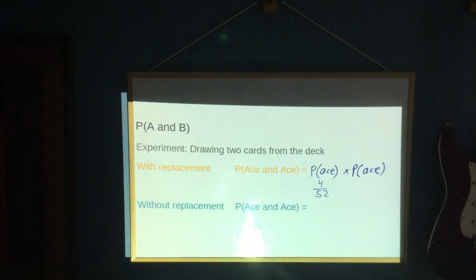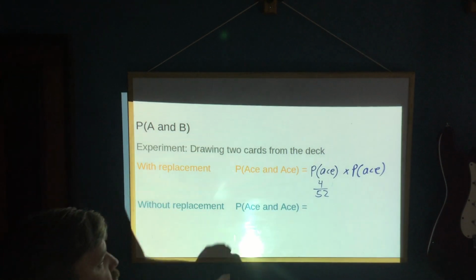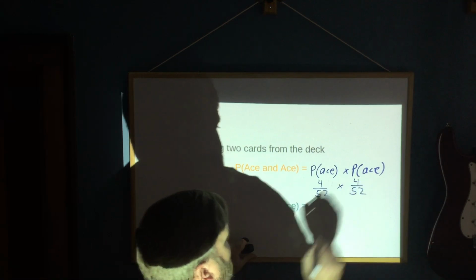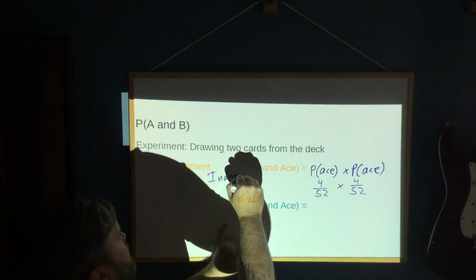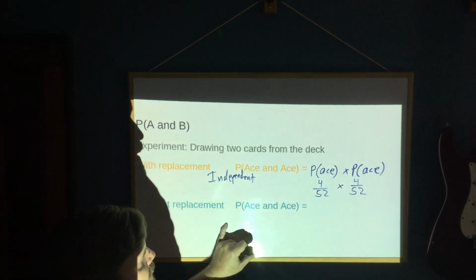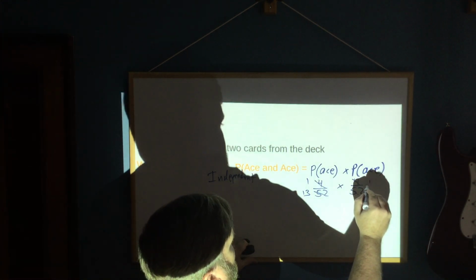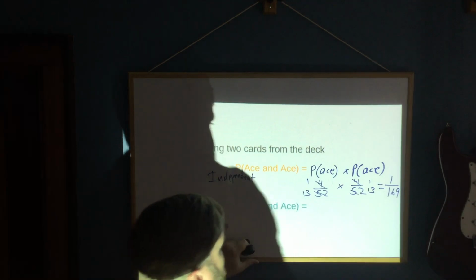Put it back in the deck. So now there are 4 aces in the deck and 52 cards. The probability of the second one is not changed at all by the first one happening. So these are independent. And that's going to be 1 out of 13, 1 out of 13. It'll be 1 out of 169 again.